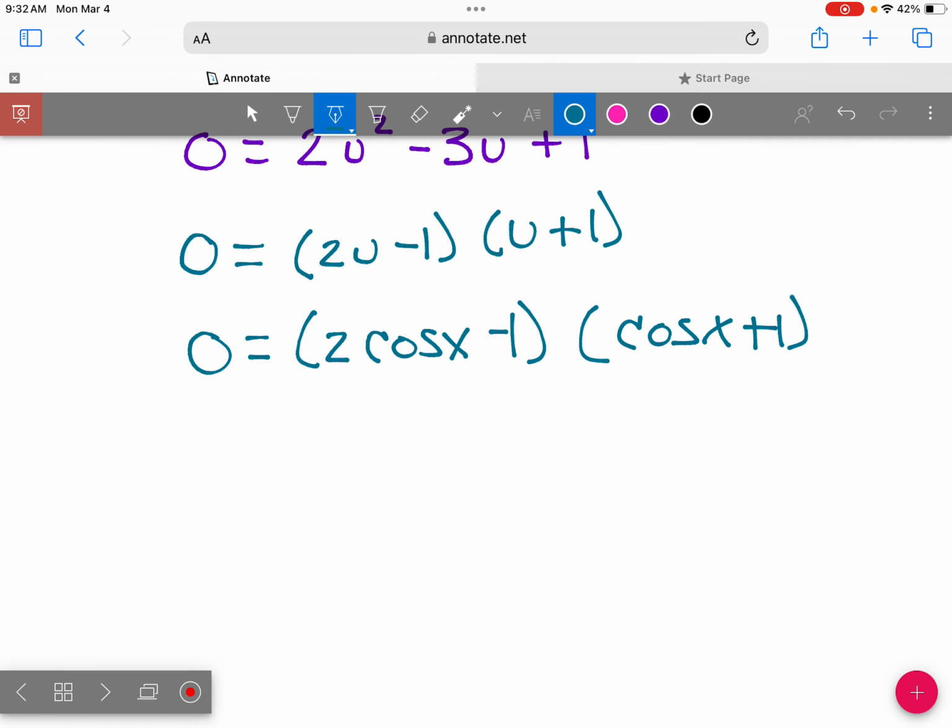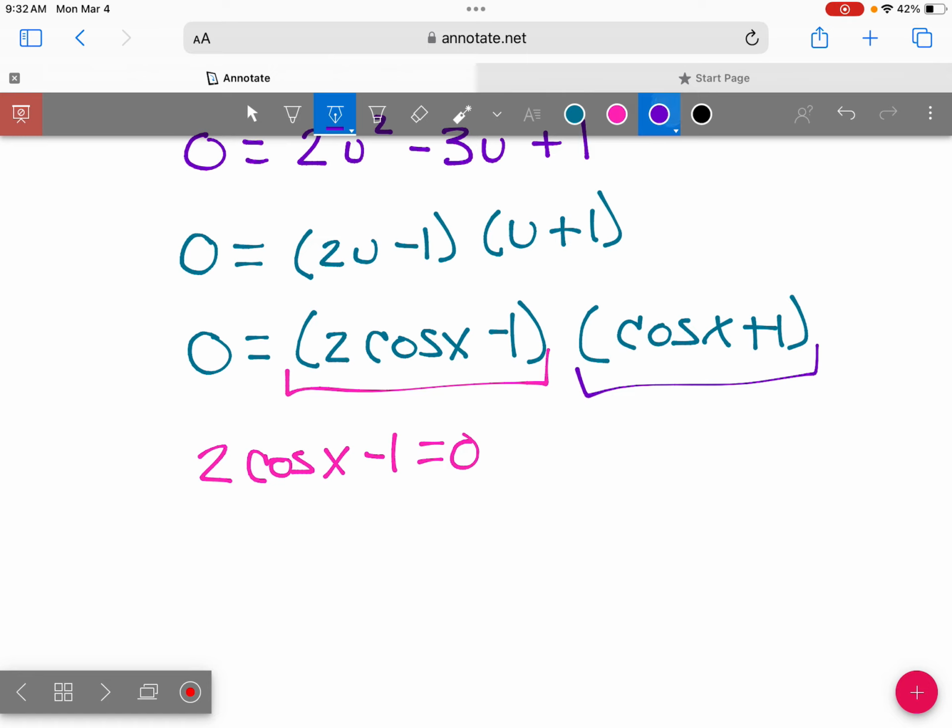So when we're looking for our solutions, look at each piece. So we have 2 cosine of x minus 1 equals 0, and we're going to do cosine of x plus 1 equals 0, just like we used to for quadratics. Solve those. Figure out what cosine's going to be.